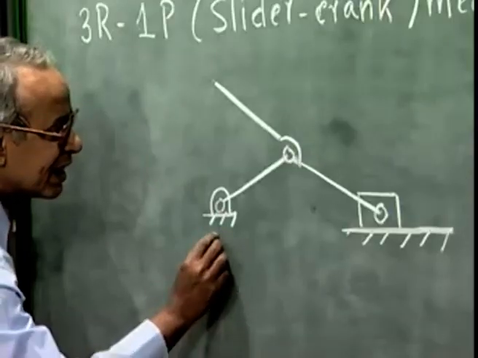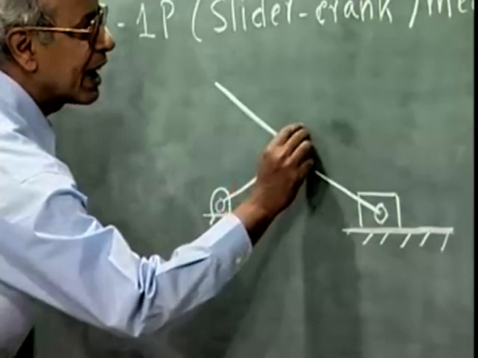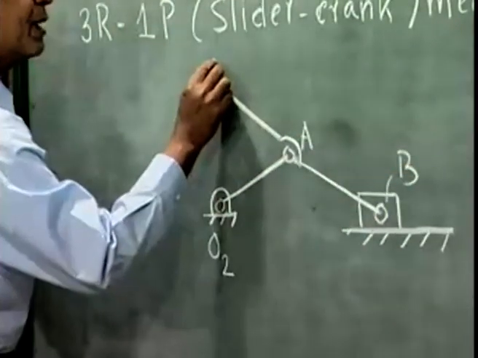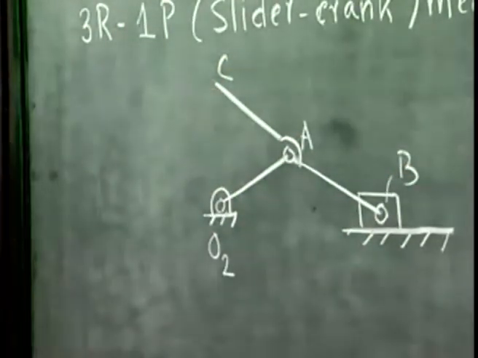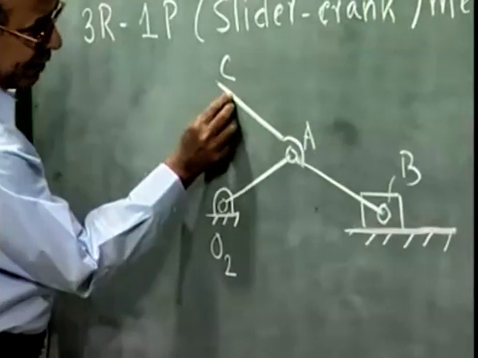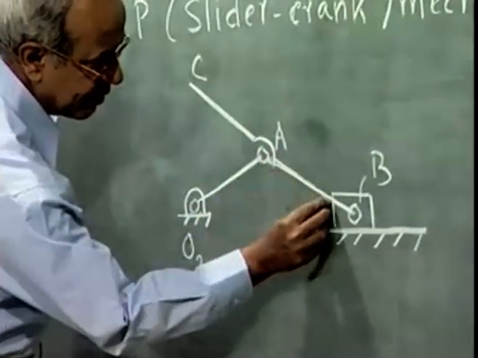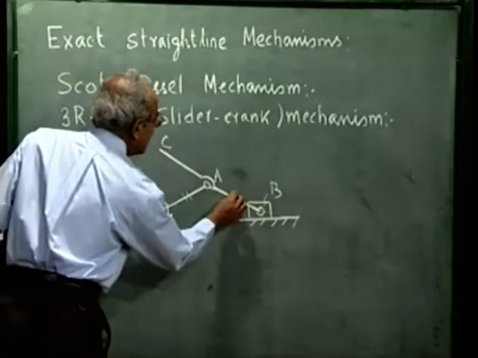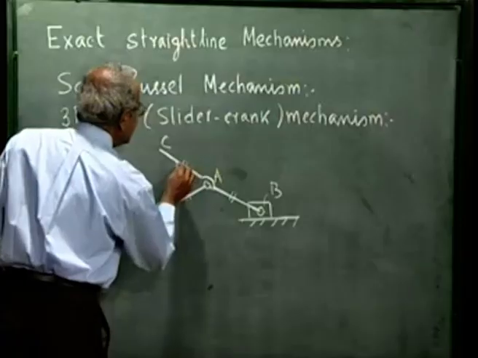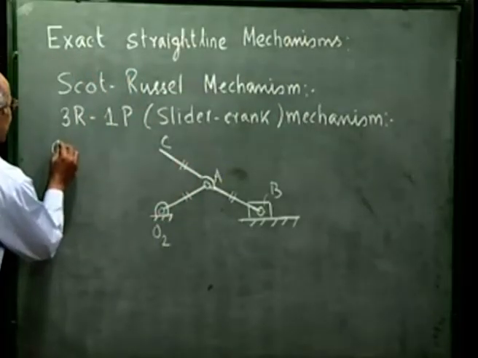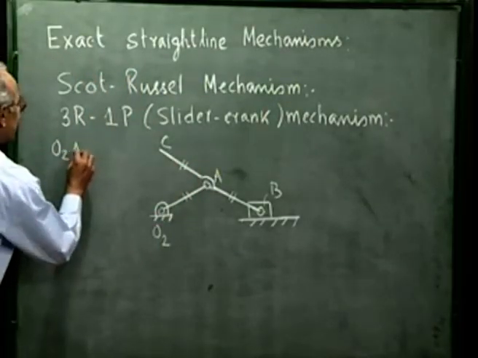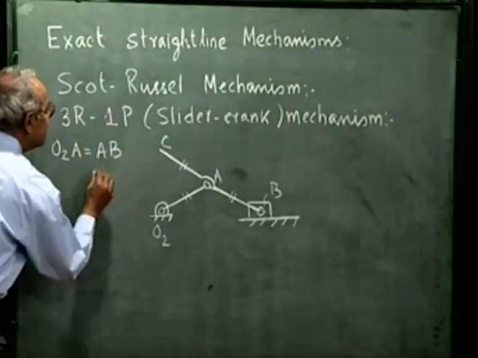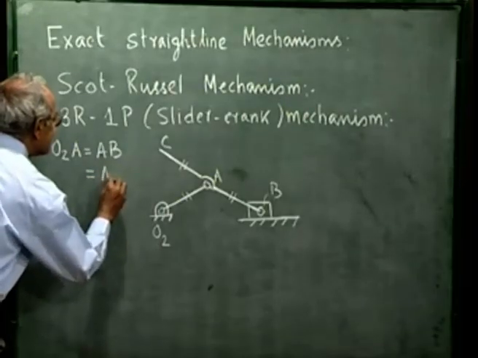Let us say this crankshaft is O2, crank pin is A, the slider is at B, and I take a point C on the extension of the connecting rod, that is on the line AB, such that the lengths O2A, AB and AC are all same. We make crank length O2A equal to the connecting rod length AB, which is also equal to the length AC.